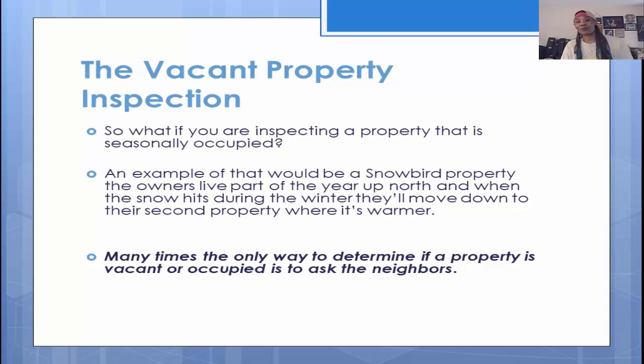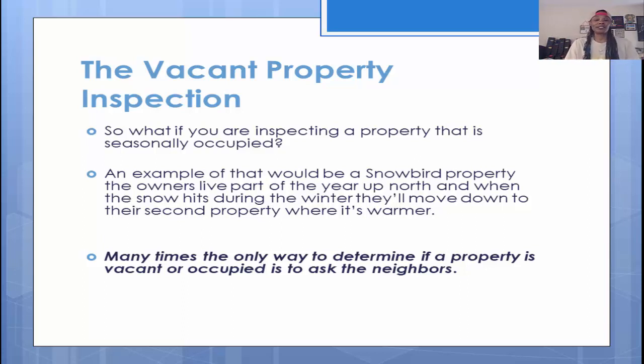Here's another example where the property is actually occupied: seasonal properties. An example of that would be what they call snowbirds. These are people who live up north part of the year and then come down during the winter months to a warmer climate like Florida. So in the wintertime they're south, and all the other parts of the year they're back at their regular home.